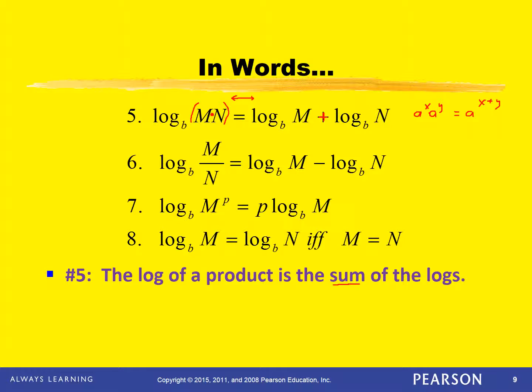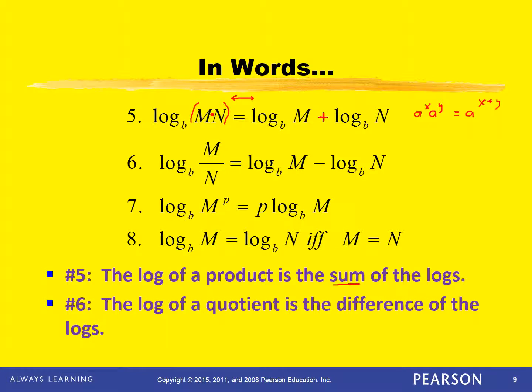Well, if the log of a product is the sum of the logs, what should the log of a quotient be? Well, the log of a quotient is going to be the difference of the logs, number 6.